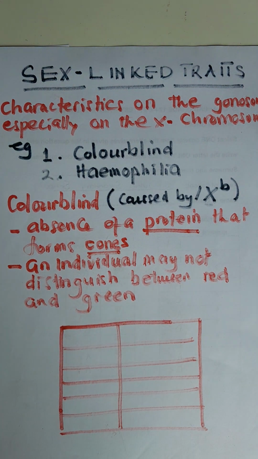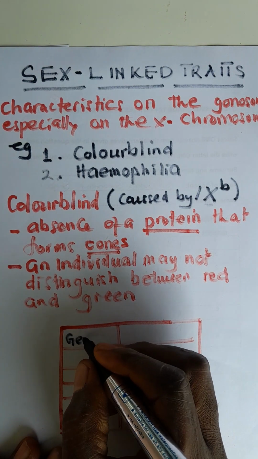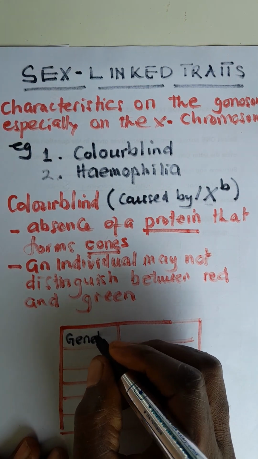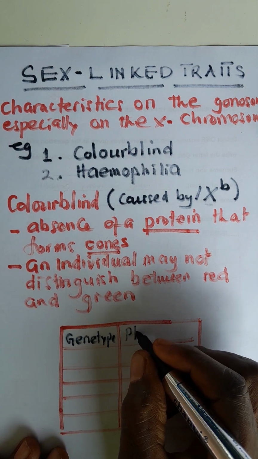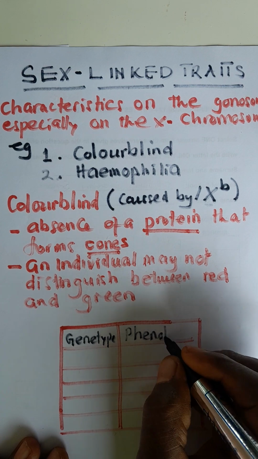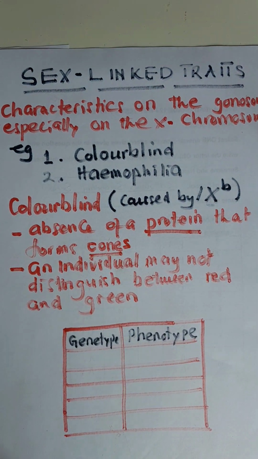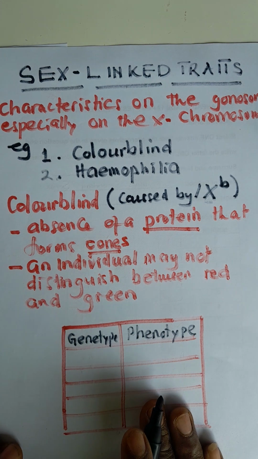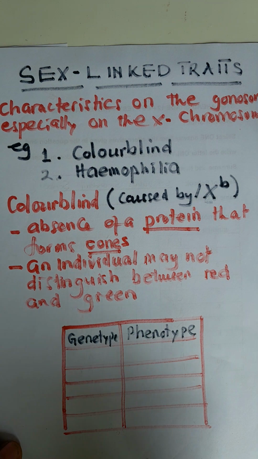So in this table, this is going to give us the genotype, and this is going to give us the phenotype. Remember, the phenotype is the physical appearance. Okay, so let's say, what is the possibility of males and females having color blind?